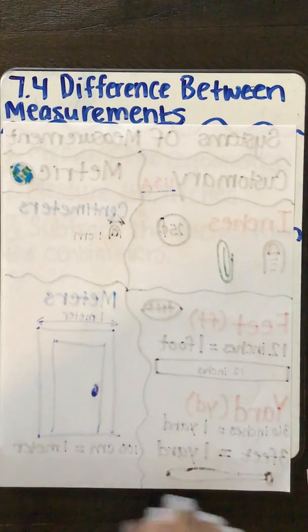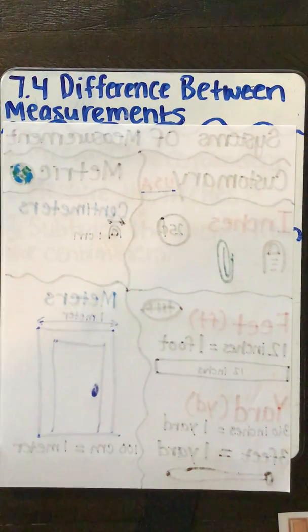So I want you to think about the different types of measurement we've learned so far. So far, we have learned about inches, we learned about centimeters, we've learned about using a yardstick or a meter stick. Now let's think.